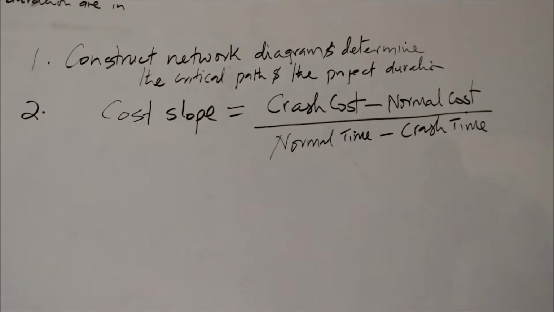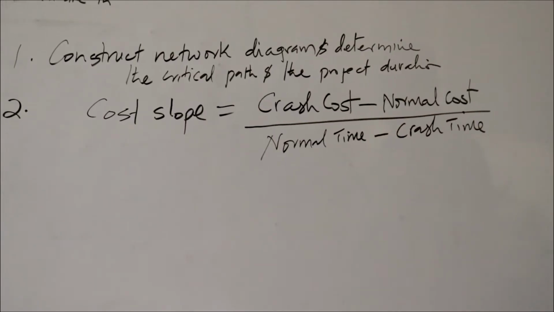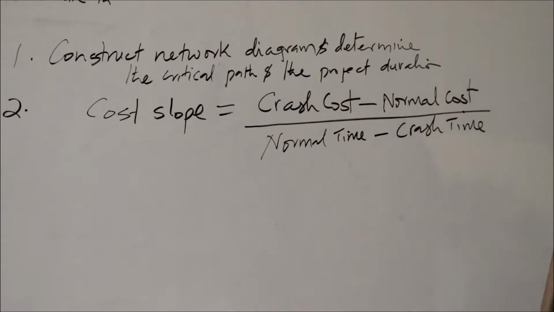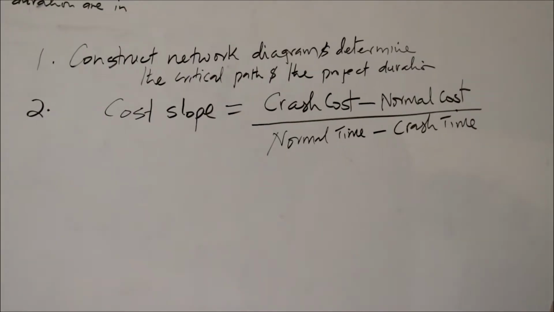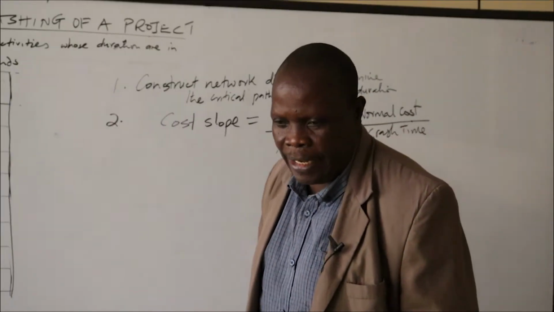It is obvious that crash cost is always greater than the normal cost because of the extra resources which are used. Normal time is always longer than the crash time because the crash time is shorter due to the extra resources which are used for the completion, as I had stated earlier.